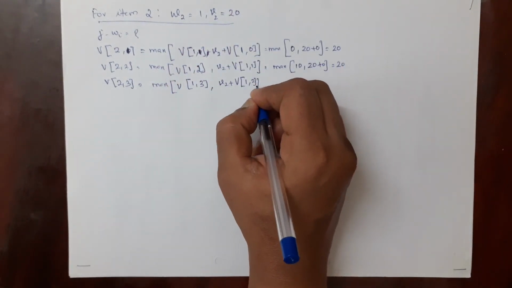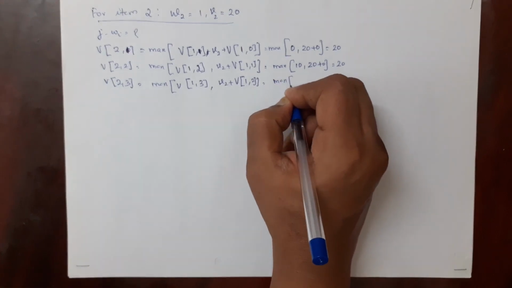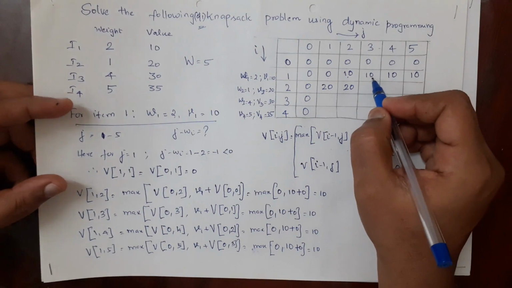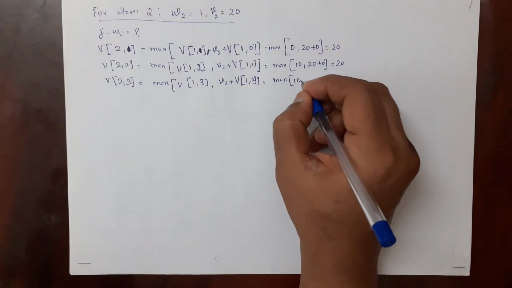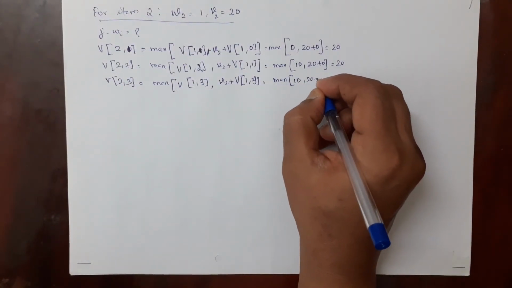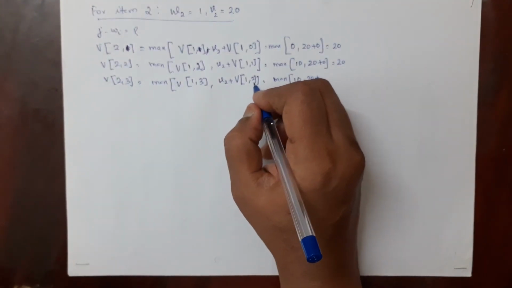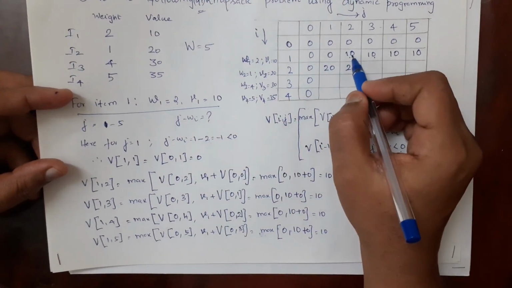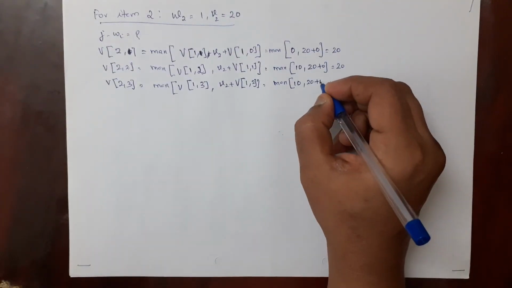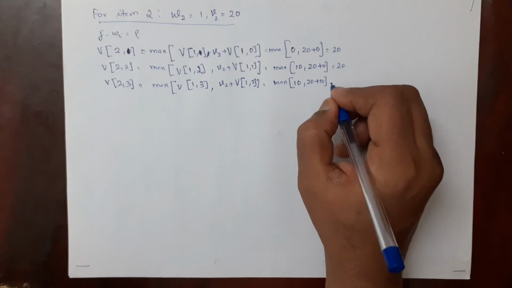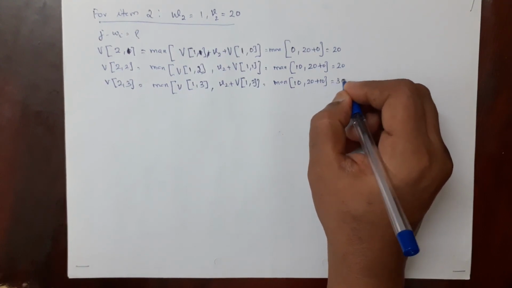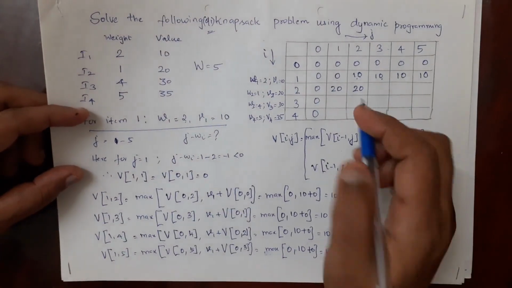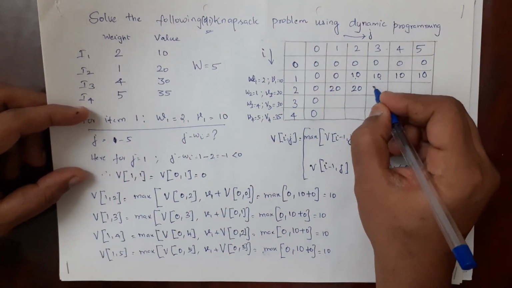It is equal to maximum of, we have 1 comma 3, we have to see the table, the entry is 10, so 10 comma the value of this item is 20 plus 1 comma 2. So 1 comma 2 is 10. So what is the maximum? 10 or 20 plus 10, 30. So the value is 30 here, that is 2 comma 3 is 30. Now we have to make the entry 2 comma 3 to be 30.